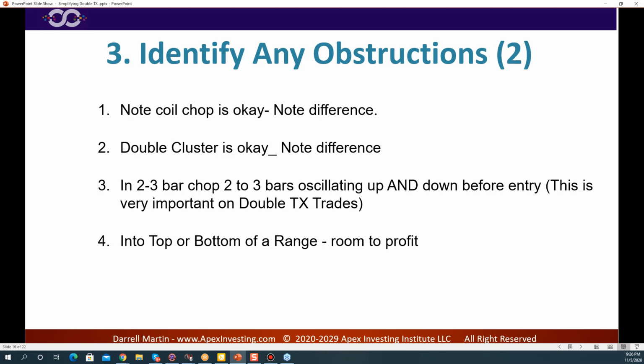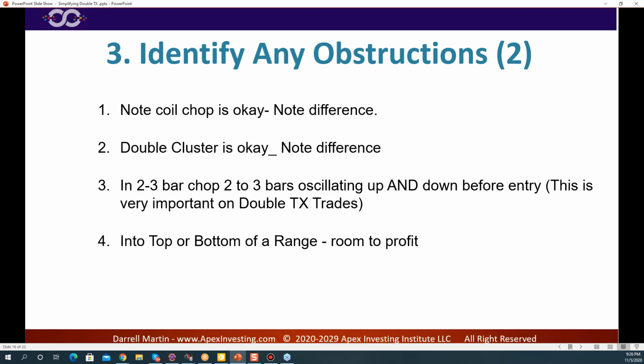Coil chop is okay. Coil chop is defined as up, down, up, or down, up, down. Three bars in a row of up, down, up, down, up, down. We don't take those with the filtered TX trade. With a double TX trade, coil chop is okay. So note that is one of the differences to the rules.